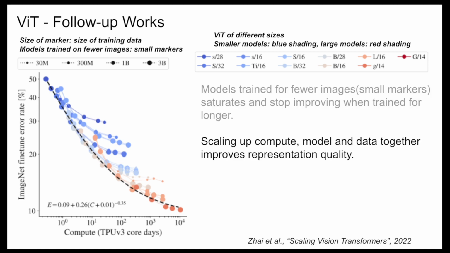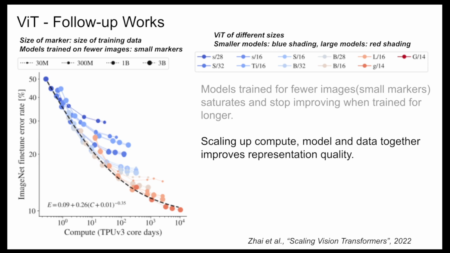Another insight was that scaling up compute, model and data together improves representation quality. The big models are the ones with the red shading.